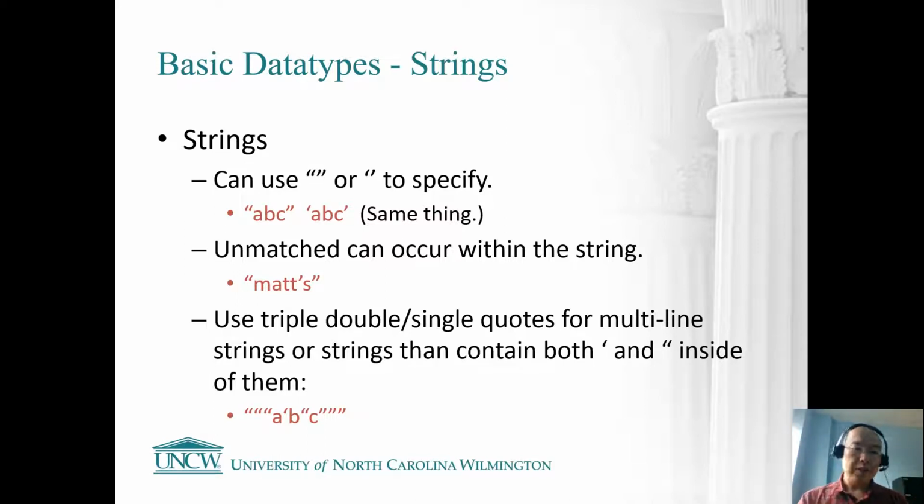And another rule is, if you start a string with a double quote, inside it's safe for you to use single quotes. And similarly, if you start a string with a single quote, inside it's okay that you use double quotes in the middle, as long as you finish the string with another single quote.